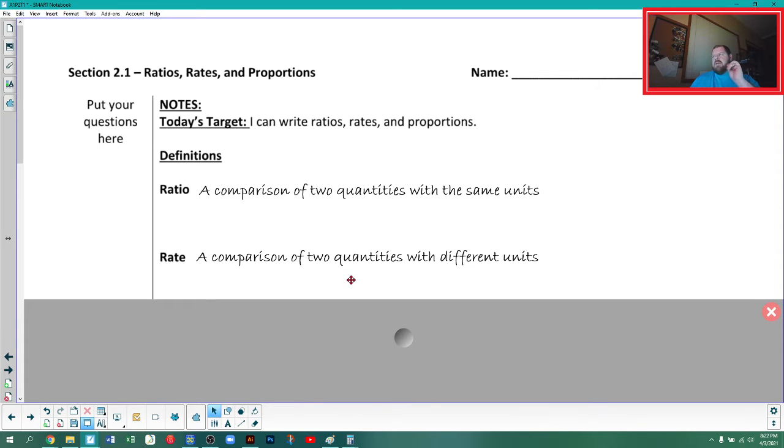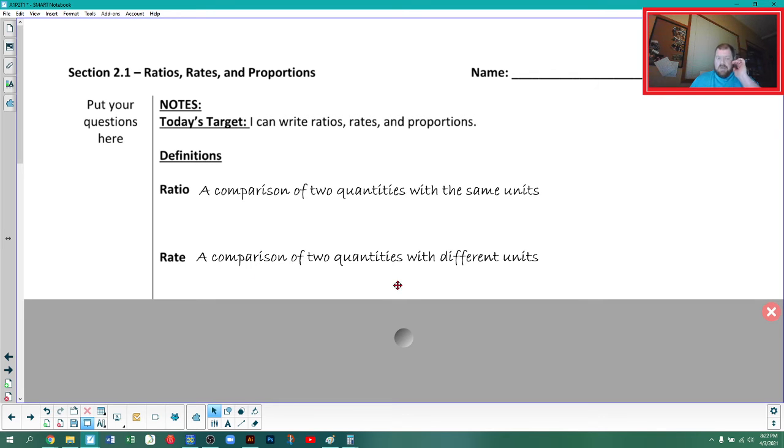They're often talked about at the same time, and at the end of the day, who really cares what you call what? That's what it kind of comes down to. There's even going to be times that I say to write a ratio, and it's actually a rate. And sometimes it just depends on how you look at it, okay?